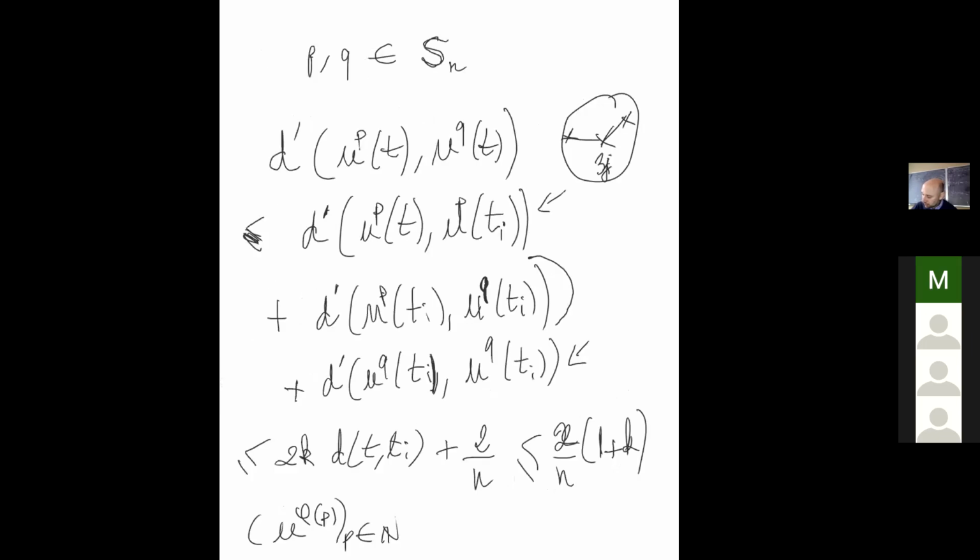If I consider this subsequence, then when I look at the distance between U phi P and U phi Q, for Q greater than P, by construction this belongs to SP.